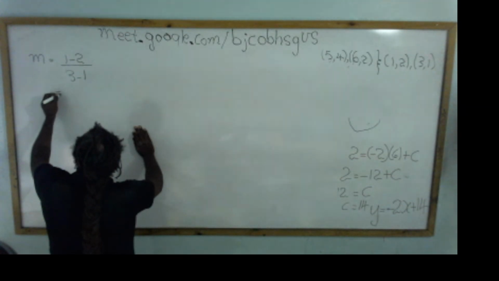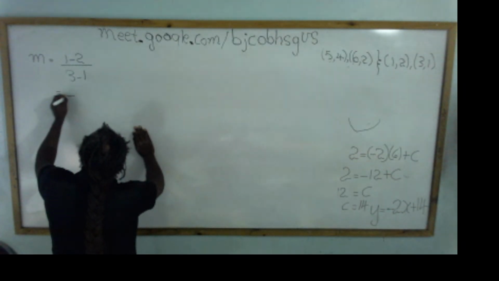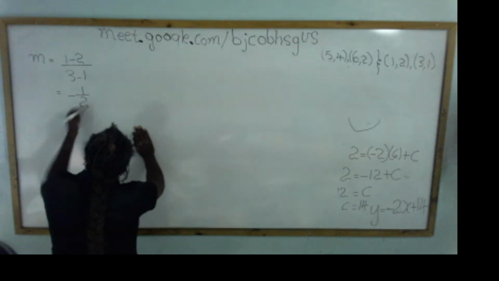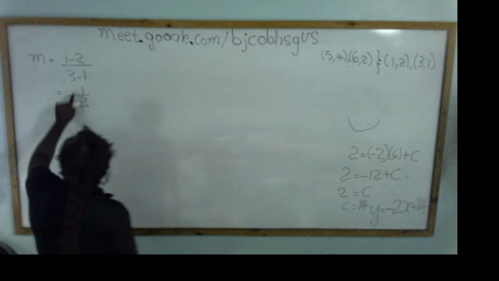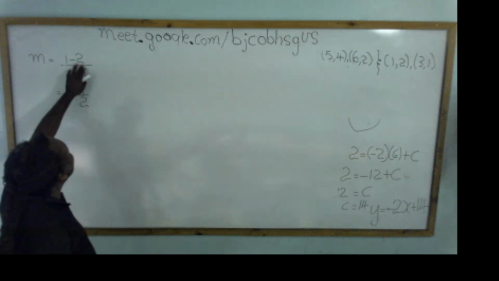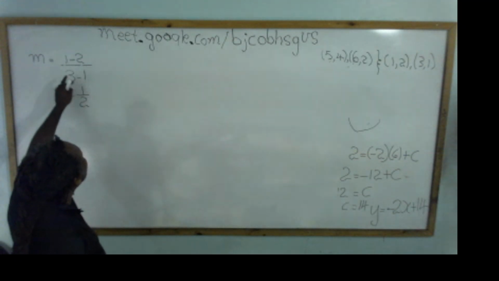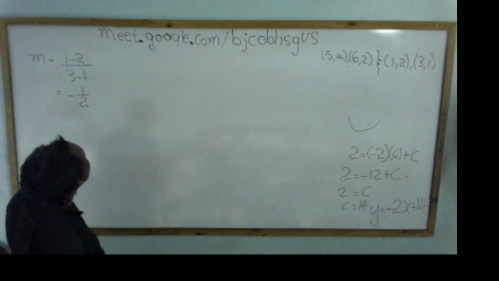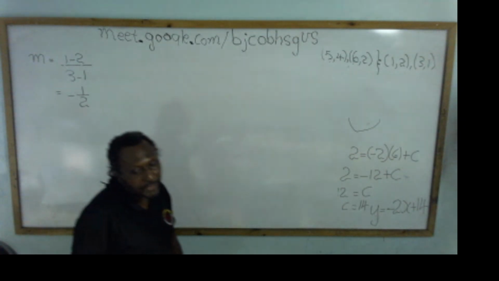So what will we have? A negative a half. Nice. Why a negative a half? 1 minus 2 is negative 1, 3 minus 1 is 2, so that's going to give you negative 1 over 2.